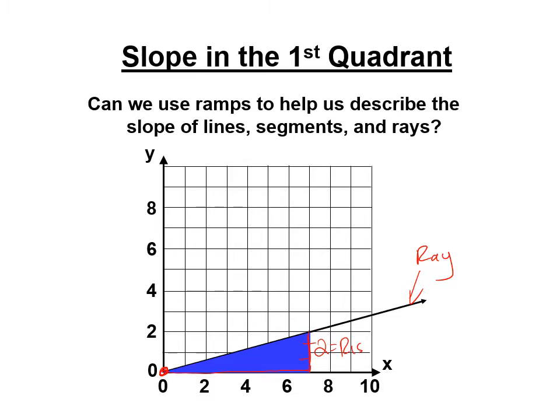So the rise is 2. Now, it's dangerous to use these numbers for that, and you'll see why as we go through the lesson. And 1, 2, 3, 4, 5, 6, 7, it runs 7, and so the slope of that blue ramp is 2/7, and the slope of the ray lying right on top of it is also 2/7. And that's how you find the slope of a ray.